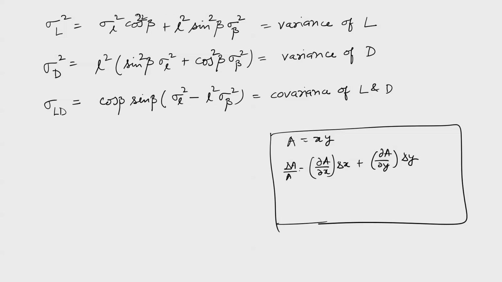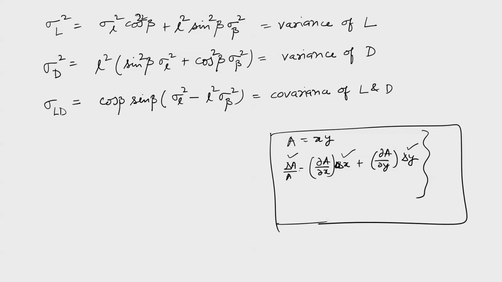Okay, what is the idea here? What is the difference between this error propagation and this error calculation? This is based on the errors delta x and delta y, so I am trying to find out the error delta A. But there is an assumption that I am measuring this delta x and delta y. So if I know delta x and delta y, and I can find out delta A, what will I do? Before measurement itself, I will correct A, because I know what could be the error in x and y.